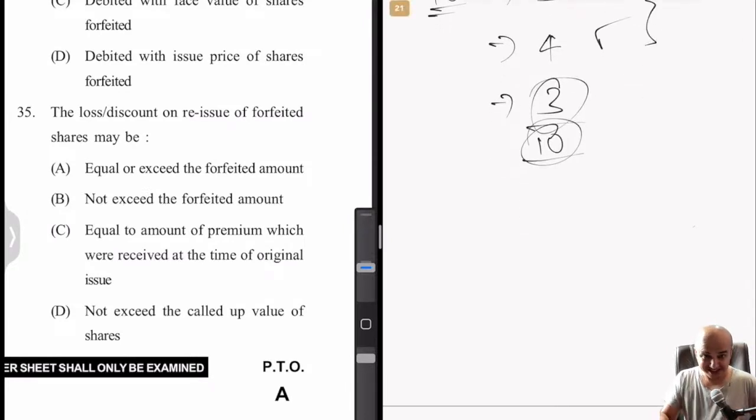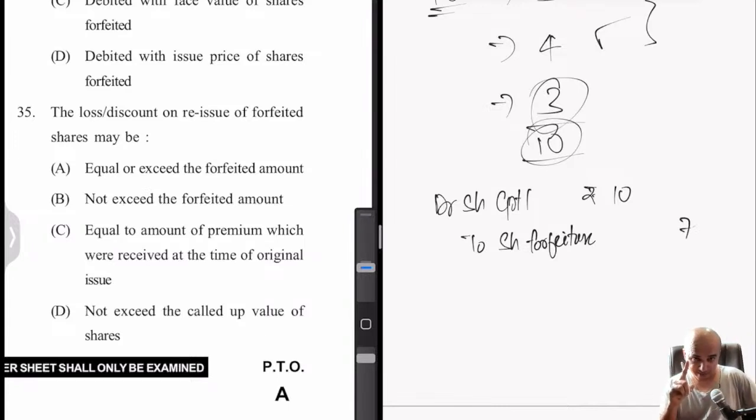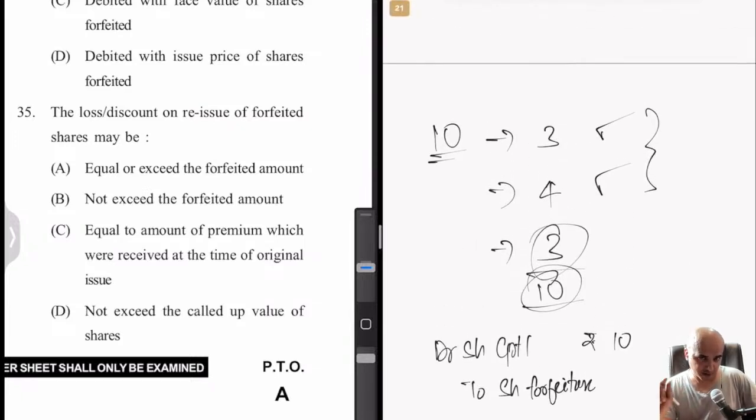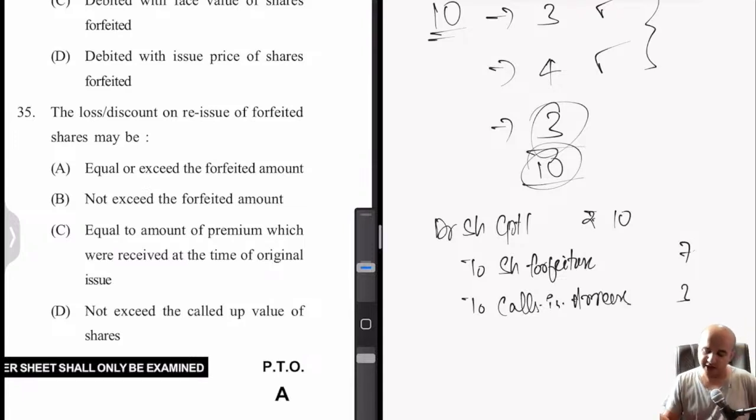So the entry in this case would be debit share capital rupees 10 called up, to share forfeiture account rupees 7. Remember, share forfeiture account represents the amount which we have collected so far. How much have we collected? Application and allotment only, so 7. And what about the remaining? That could be calls in arrears, which we thought we will get and which we will not get now because we are cancelling the shares anyway.